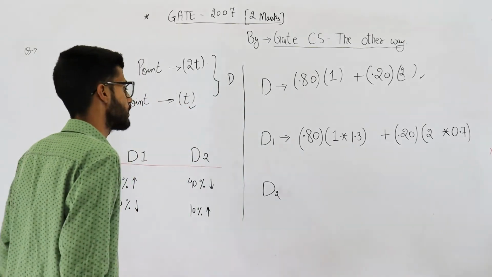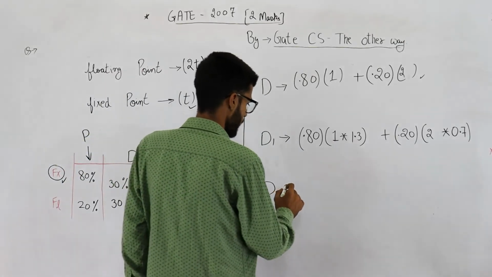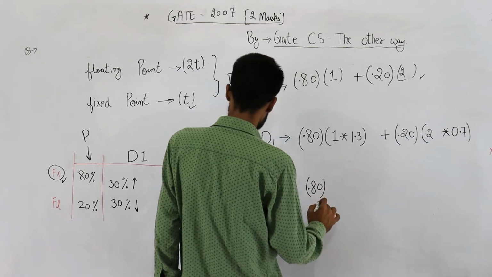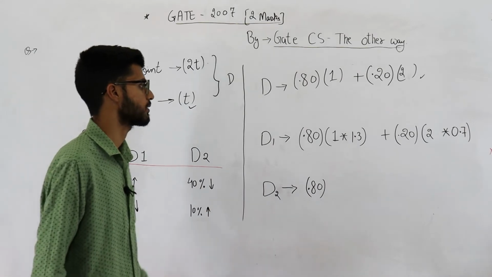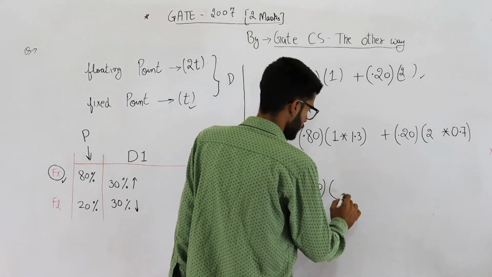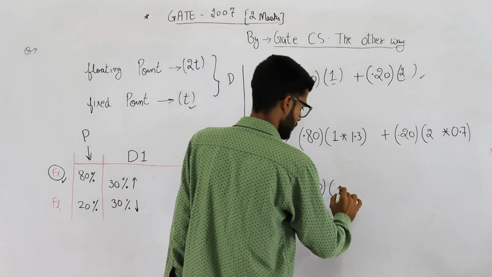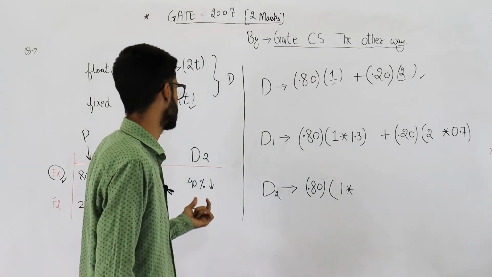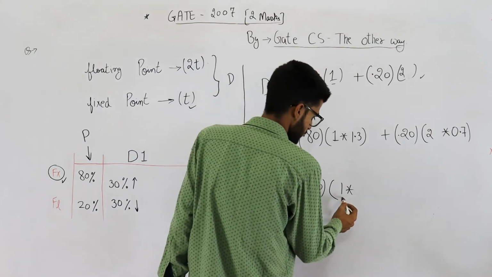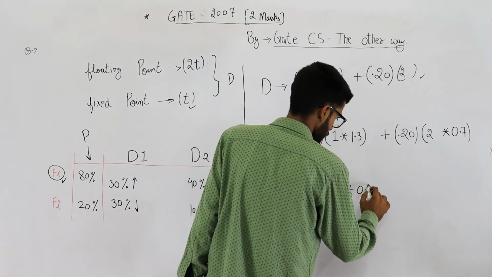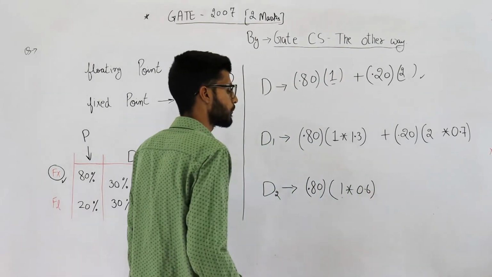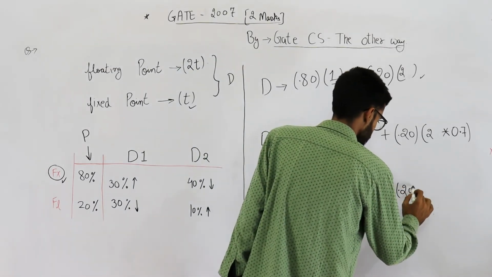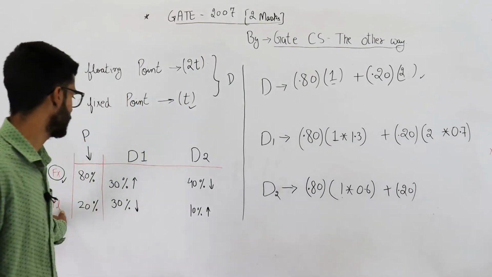Now let's analyze what happens in this design D2. Here 80% of instructions are going to take 40% less time. Earlier the time was 1 because t is now replaced by 1. And 40% less means multiplying this value by 0.6. Okay. Then the 20% of instructions, they are floating point.